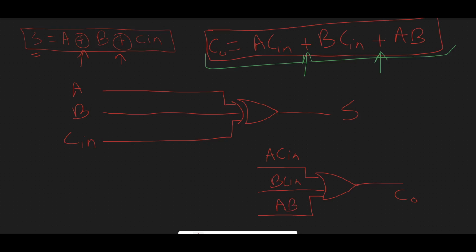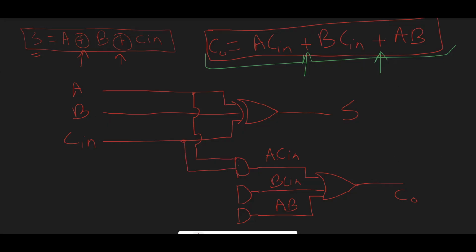And we already learned that when we have multiplication, we can produce this by using an AND gate. So the first one we have A Cn, we can take A from here, and this curve means those lines are not connected. A, and this is our Cn.